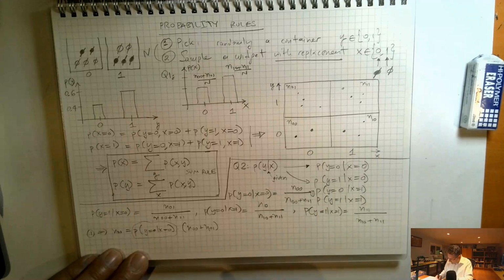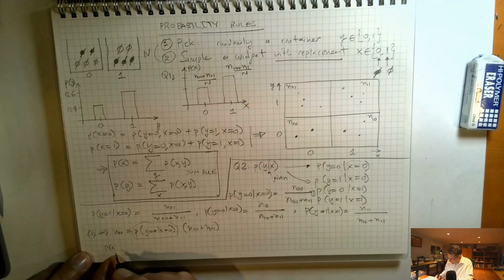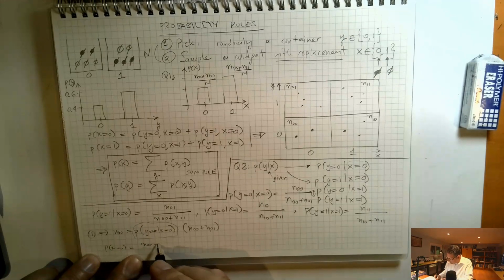So earlier I have seen that P of x = 0 is equal to (n00 + n01) divided by n.